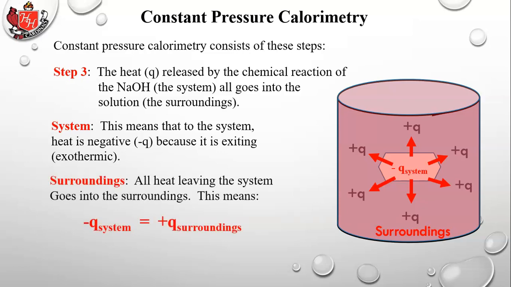The surroundings, all the heat leaving the system goes into the surroundings. This means that the negative Q of the system, that is heat going out of the system, is equal in number to the heat going into the surroundings. It's just the sign is opposite. It's positive for the surroundings because the heat is going into the surroundings.